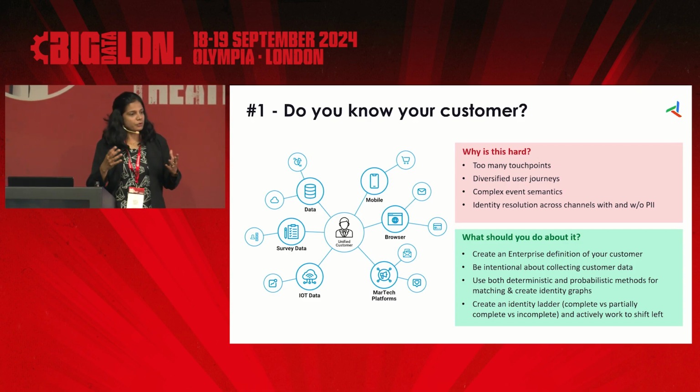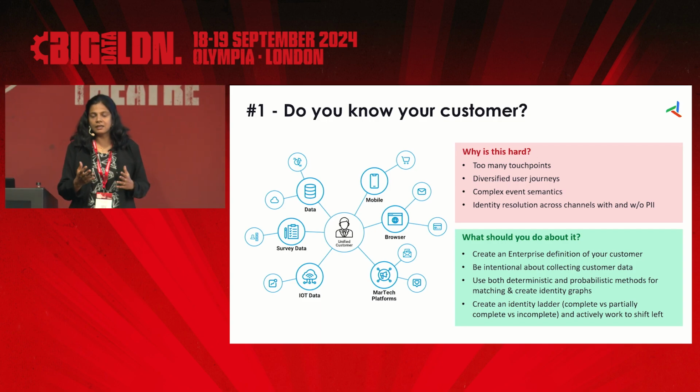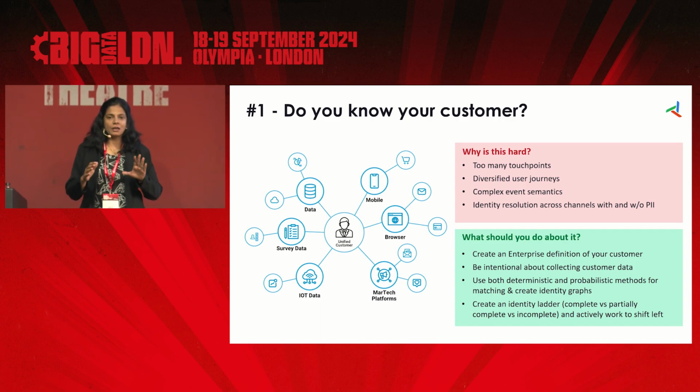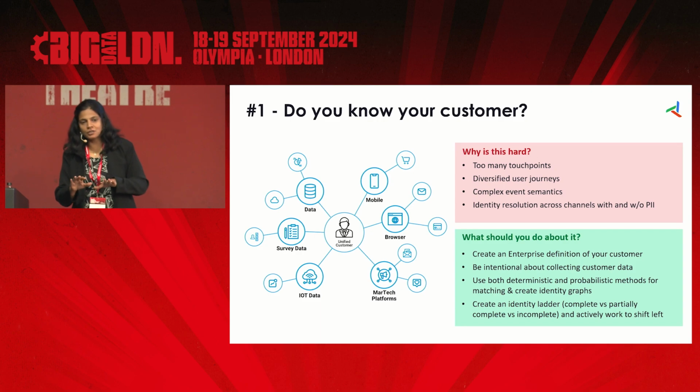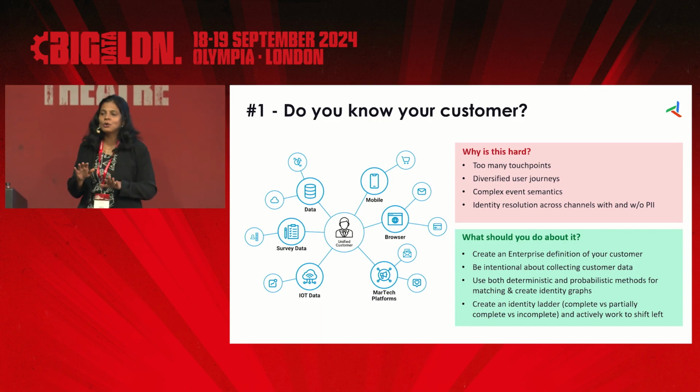Again, companies use different ways to do it. Some companies are very intentional about collecting customer data. Sometimes brands struggle between lowering the bar to getting a customer to do an action versus not knowing the customer. So that's the trade-off that you have to look at.